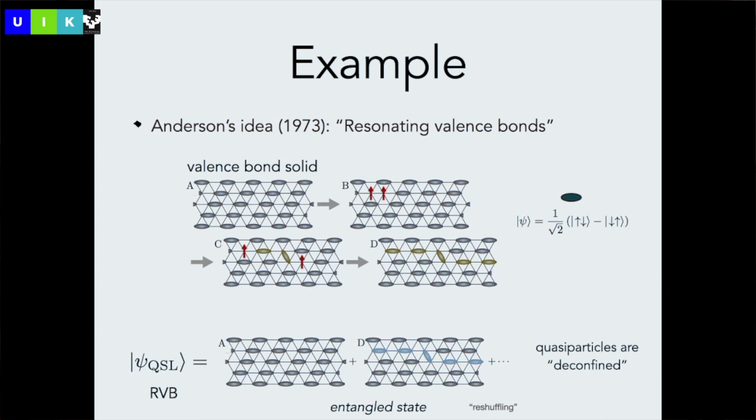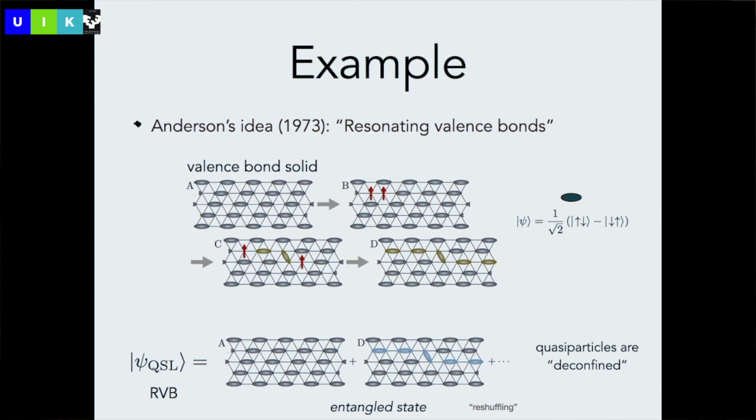And so the point is that now these two particles can be considered to be free of one another, because if you separate them along this path, then you get a state which is already in the superposition.